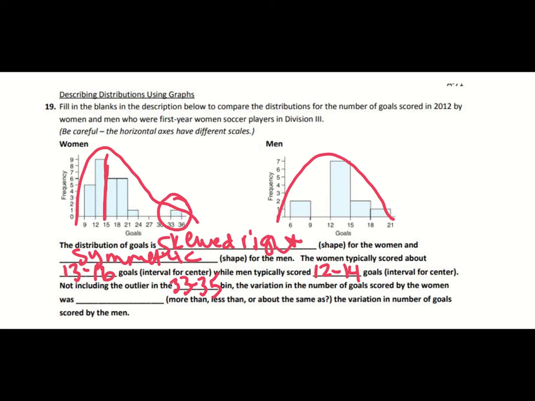The variation in the number of goals scored by women was, so I went from 9 to 36 versus 6 to 21, more than the number of goals scored by men.